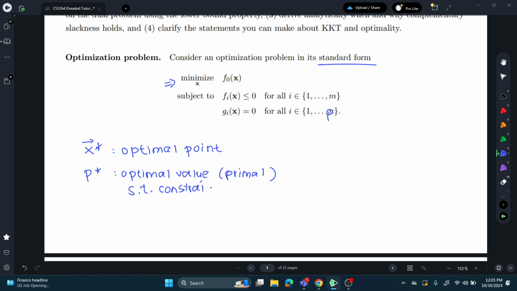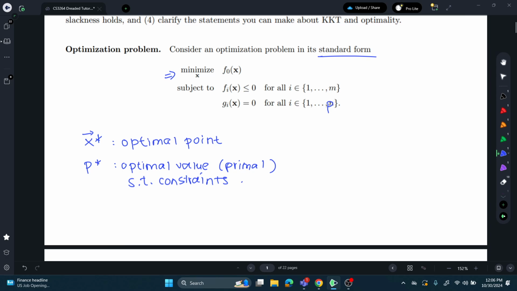This is important to note. It is not necessarily the value that will minimize the whole function globally, but given these constraints, your fi and also your gi, what would be the optimal value when you minimize this subject to the constraints? It might not be the global minimum, but it will be the minimum subject to these constraints. That is our p star.